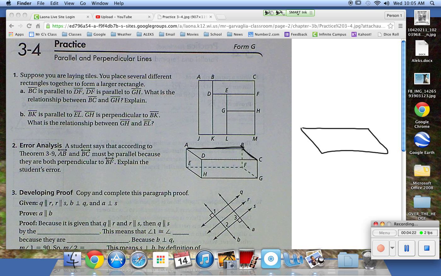Because they are perpendicular to BF? Are these both perpendicular to BF? Then AB is parallel to BC.